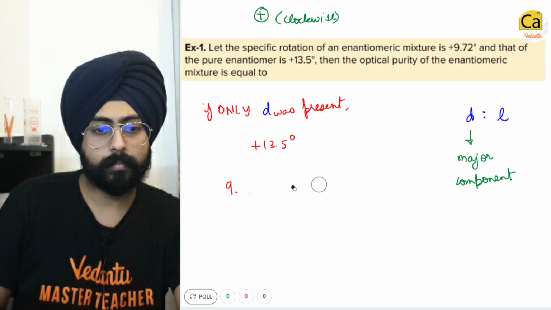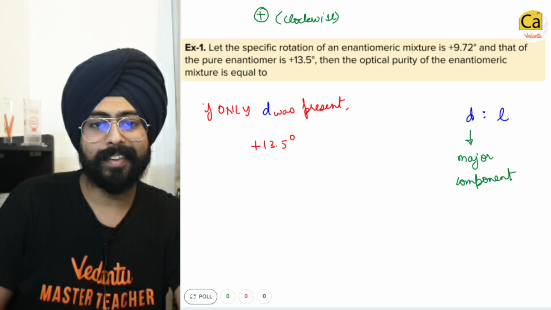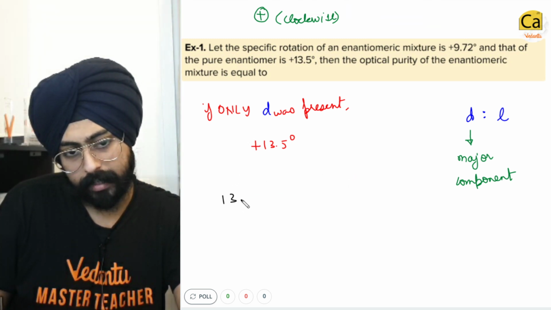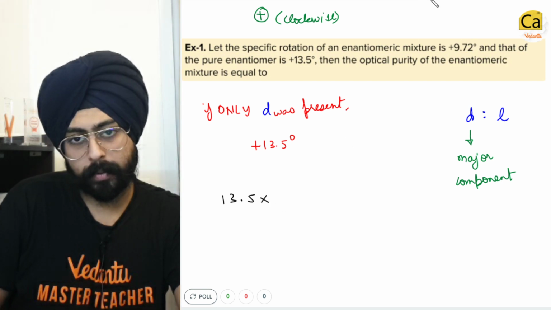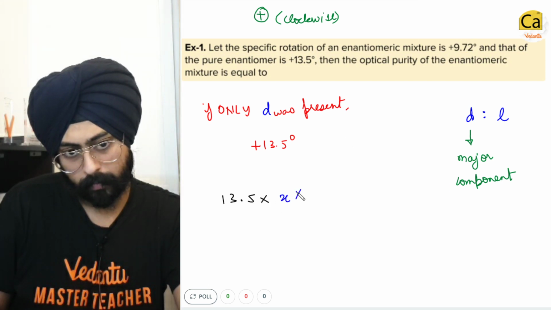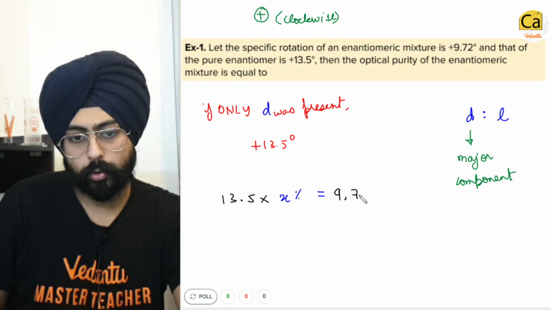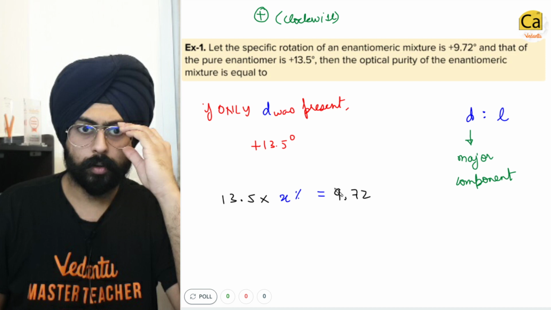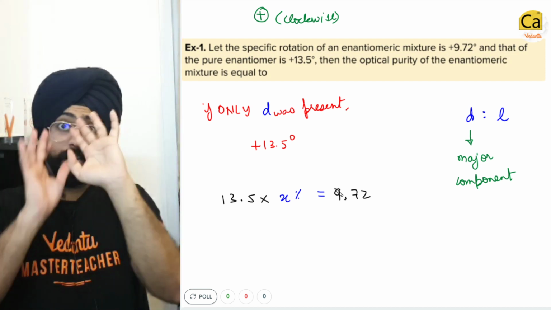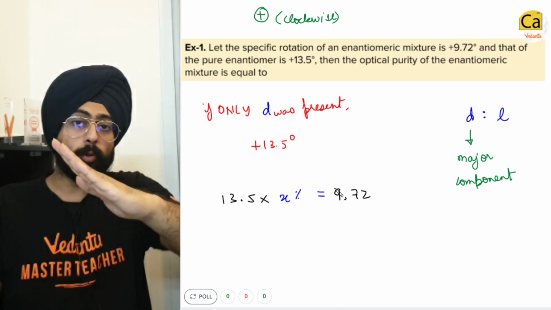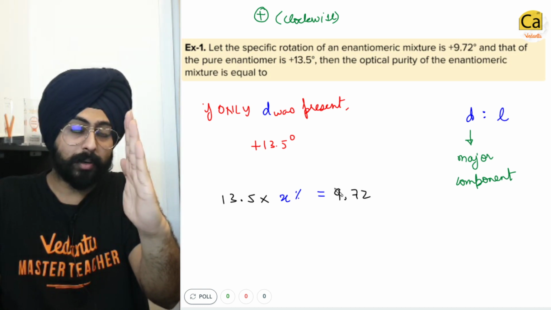Hold up, I wrote it the wrong way around. 13.5 into x percentage is equal to 9.72. So overall rotation, if it was pure, would be 13.5, but only a percentage of that rotation is happening.